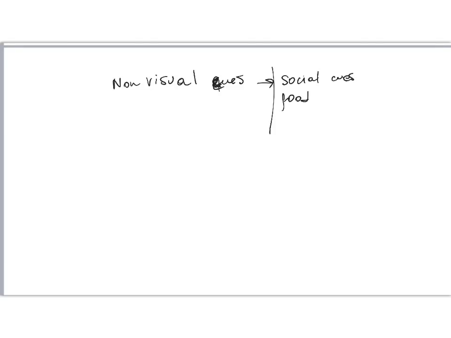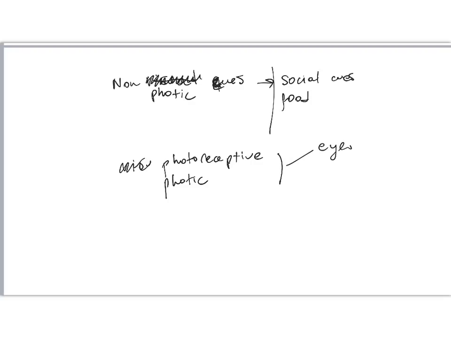The other possibility is that there are visual cues, or photoreceptive cues, we should say. And the first possibility should be non-photoreceptive, or non-photic. And if they do use photoreceptive or photic cues, in principle, those could be going through the eyes or through other centers, right?